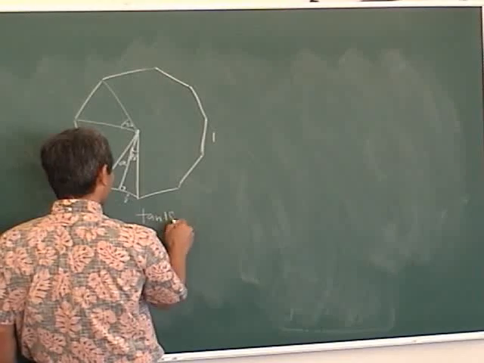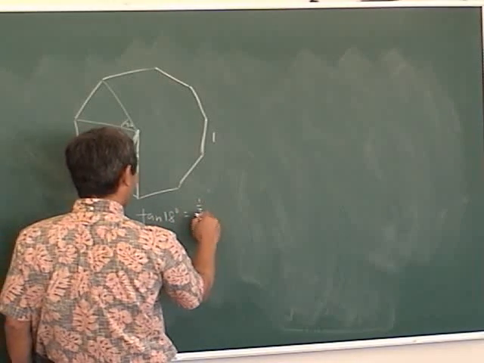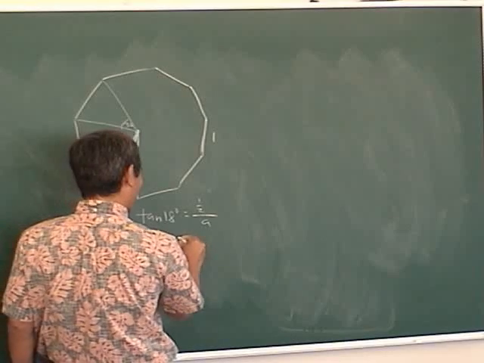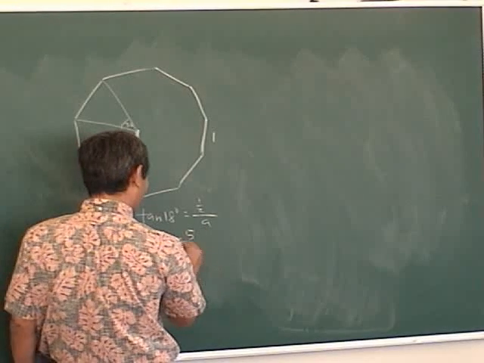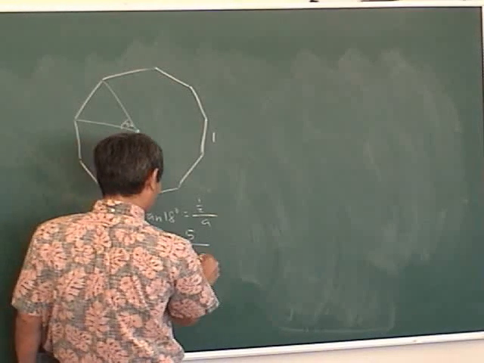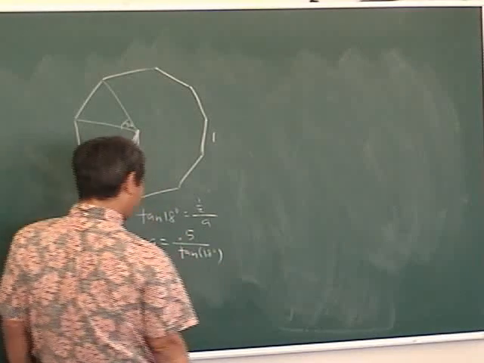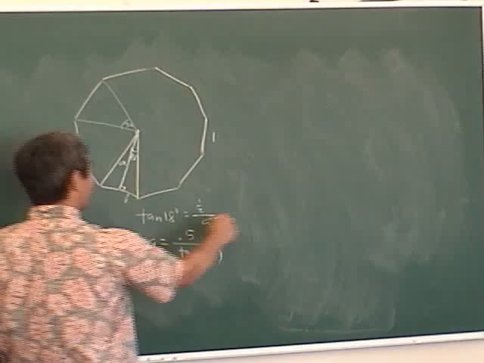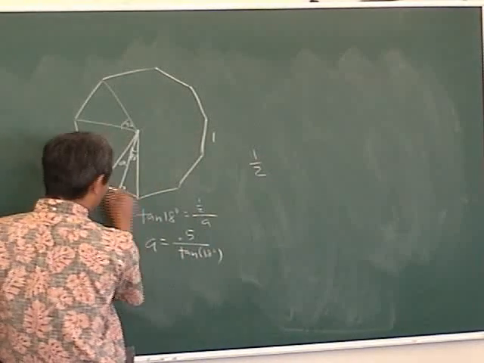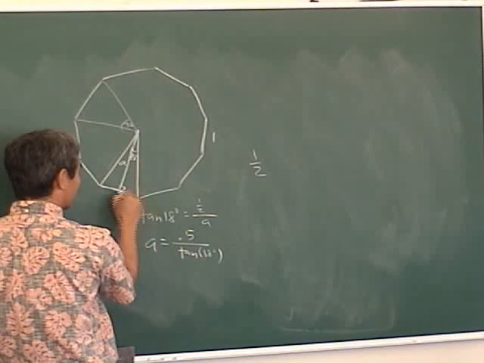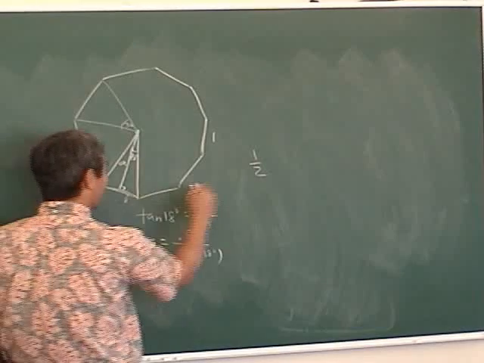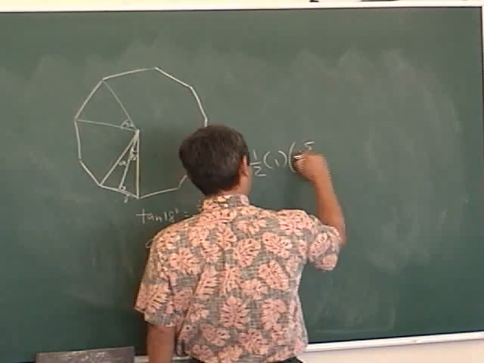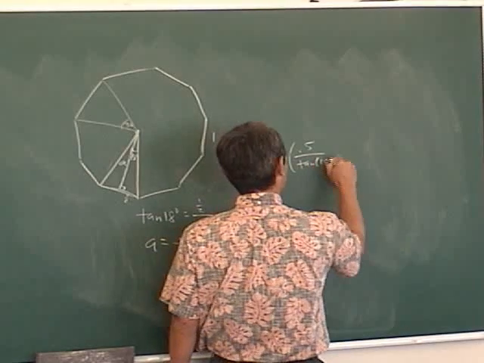Tangent of 18 degrees is equal to 1/2 over A. So therefore, A is equal to, I'm going to change the 1/2 to 0.5, 0.5 over the tangent of 18 degrees. So therefore, the area of this triangle is 1/2 the base, which is 1, times the height, which is 0.5 over tangent of 18 degrees.